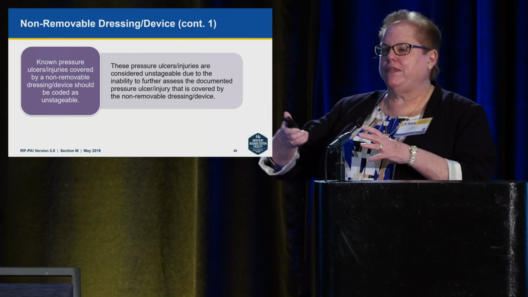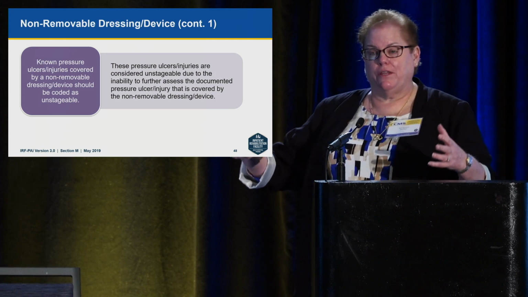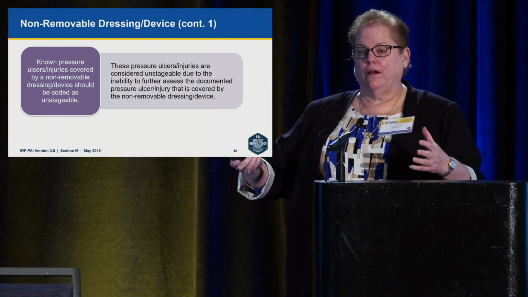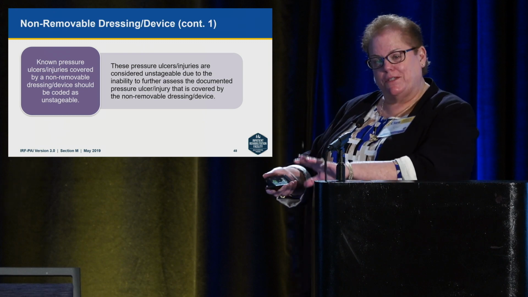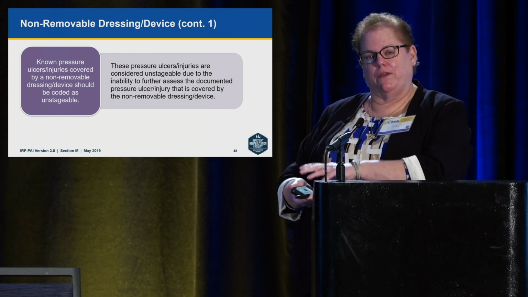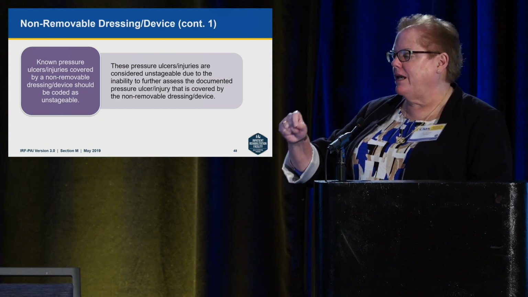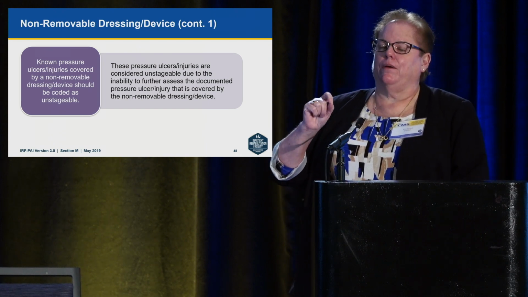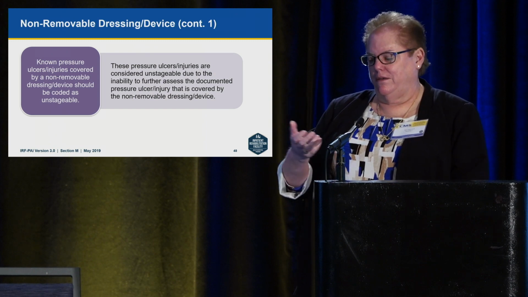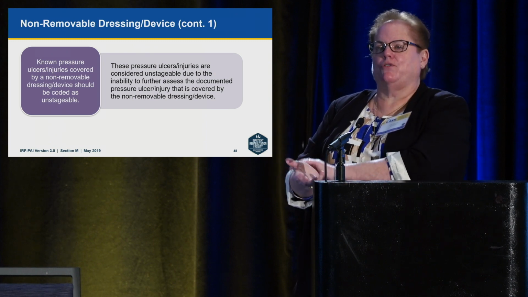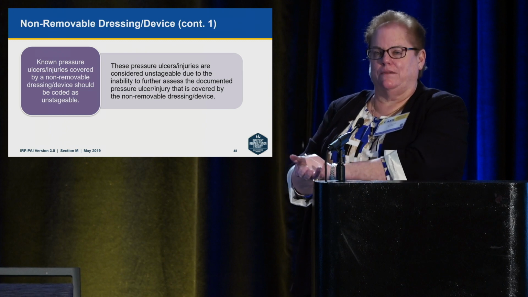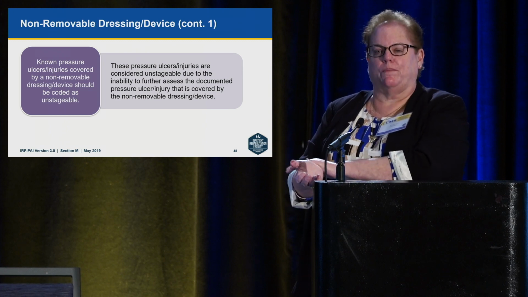They're like, oh, well, I have this cast, and I don't know what's underneath there. Okay, that's fair. But what we're talking about for this coding, this part of the scenario here is saying, we know from the previous setting, or it was documented, that this dressing, this primary dressing, this cast, this device or whatever, we know there's something underneath it.